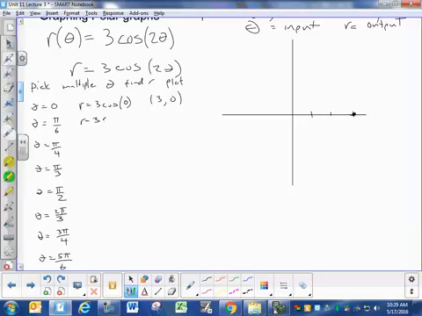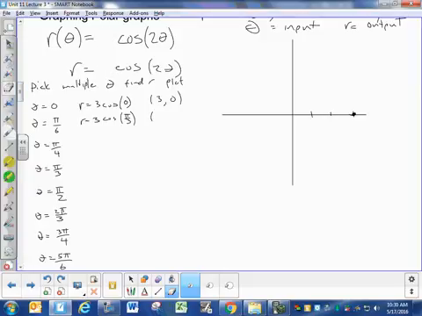Let's try pi over 6. It'd be 3 cosine, 2 pi over 6 was pi over 3. Cosine of pi over 3 is a half times 3 is, let's change this to 4. This will be easier to work with.